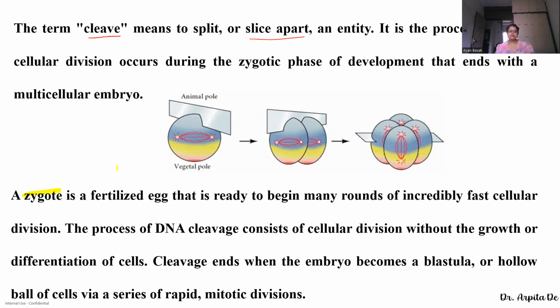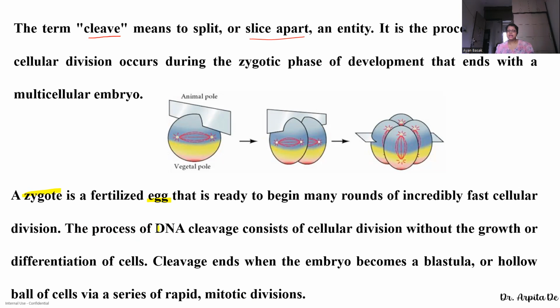The egg gets fertilized by the sperm cell to give rise to the first cell of the next generation, that is the zygote. So a zygote is a fertilized egg that is ready to begin many rounds of incredibly fast cellular division.